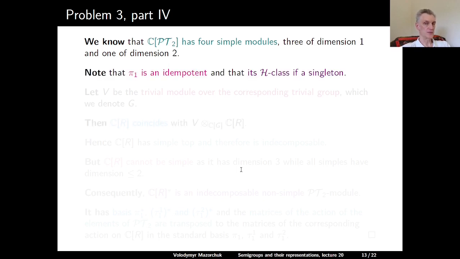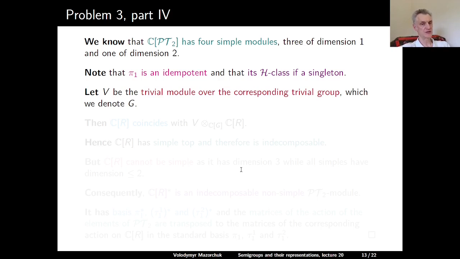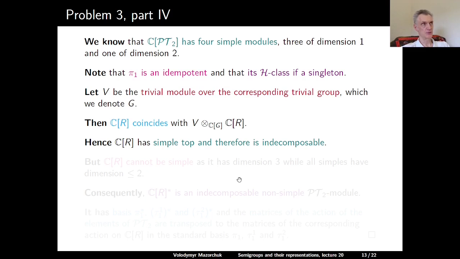Also, pi1 is an idempotent with a singleton H class, and if we denote by V the trivial module for the corresponding trivial subgroup, let's denote the trivial subgroup by G, then the linearization of our right class R coincides with V tensor over our group G with the right class module C of R. So in particular, since C of R coincides with an induced simple module, it has, by our general theory, a simple top.